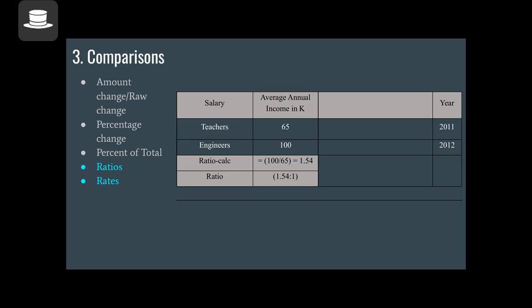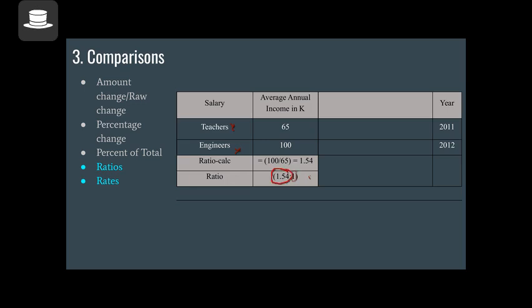So a ratio is when you take the larger number divided by the smaller number, and whatever number you come up with will give an indication of how much difference there is in terms of times. It's usually compared to one value of one category, engineers or teachers, to the other category.